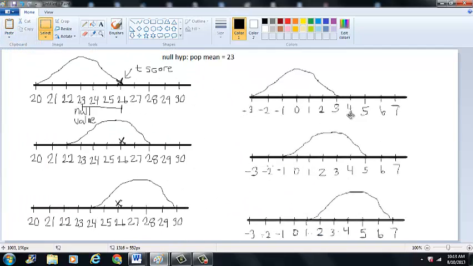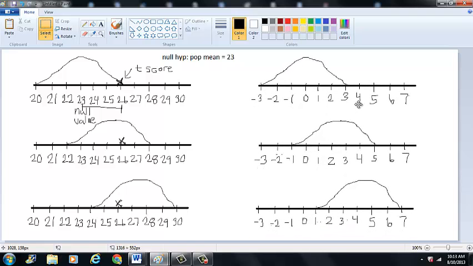What about an independent samples t-test? In an independent samples t-test, you're trying to decide if two population means are equal, meaning you're trying to decide if the mean of one population is the same as the mean of another population.